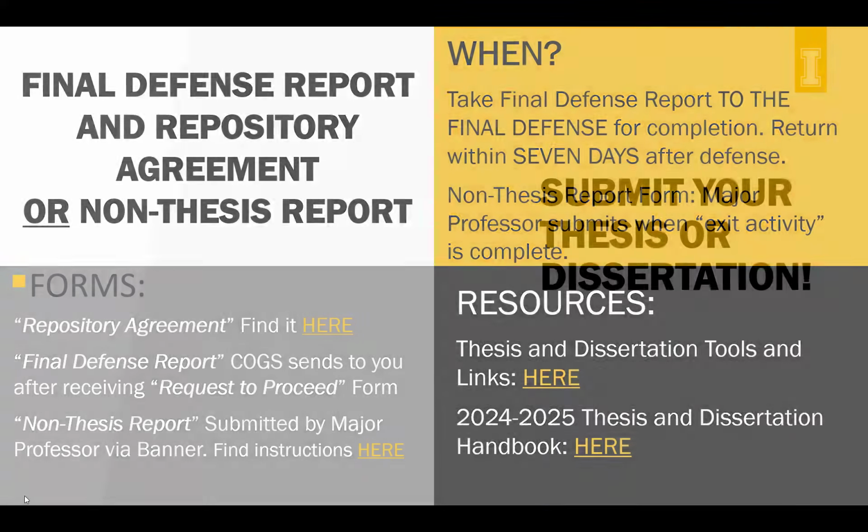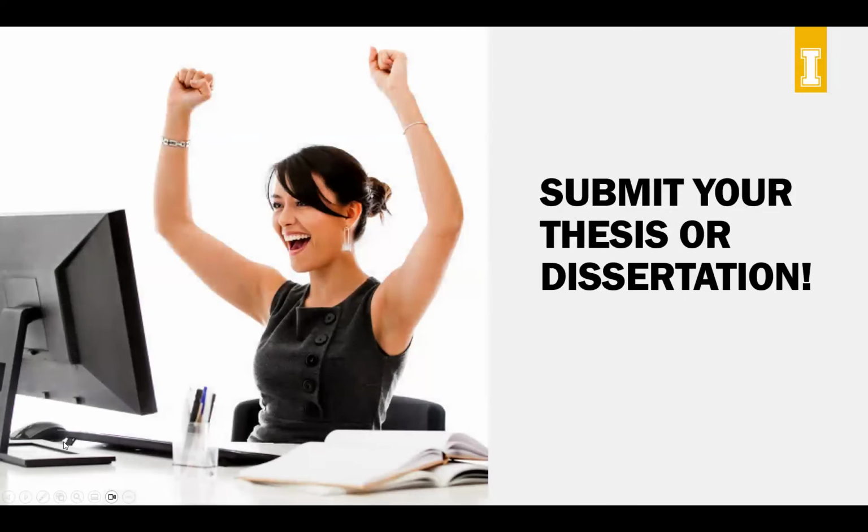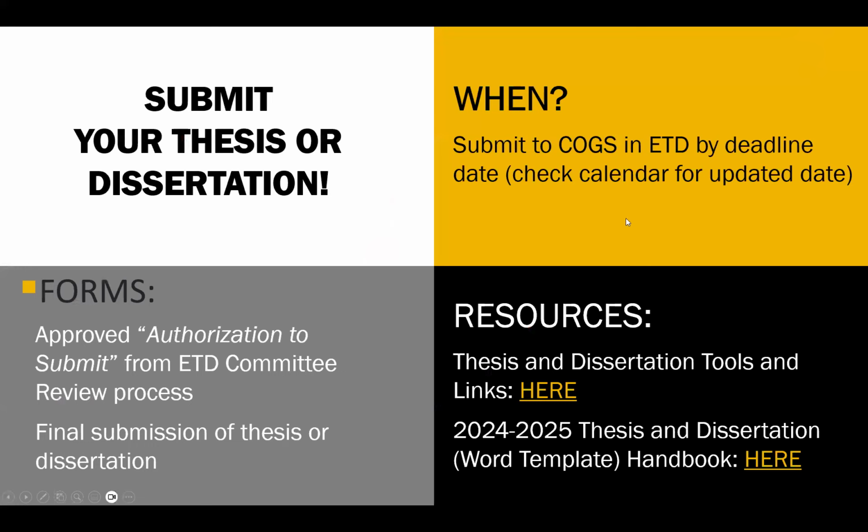So, all right. And then submission of your thesis or dissertation, there are specific deadlines for doing that we looked at already. And it needs to be submitted by that specific deadline for that semester.